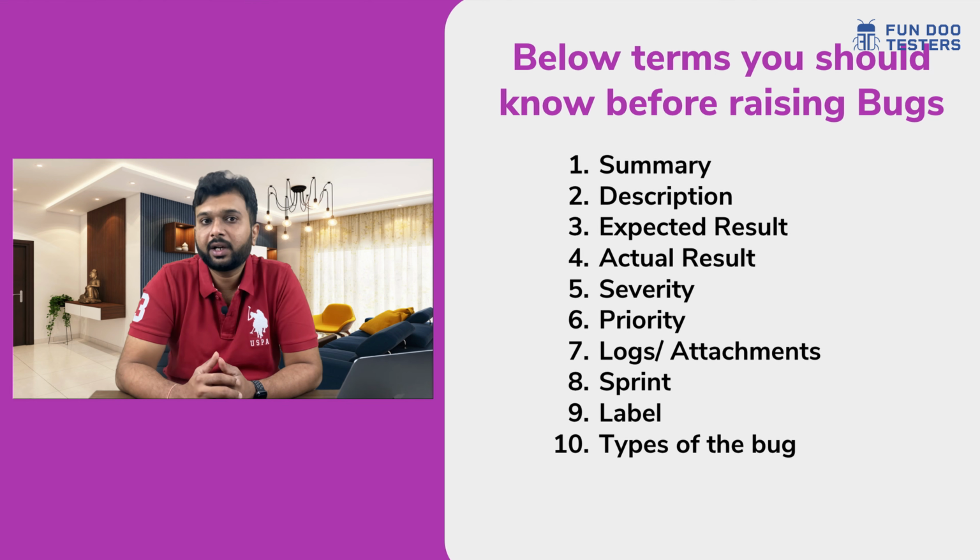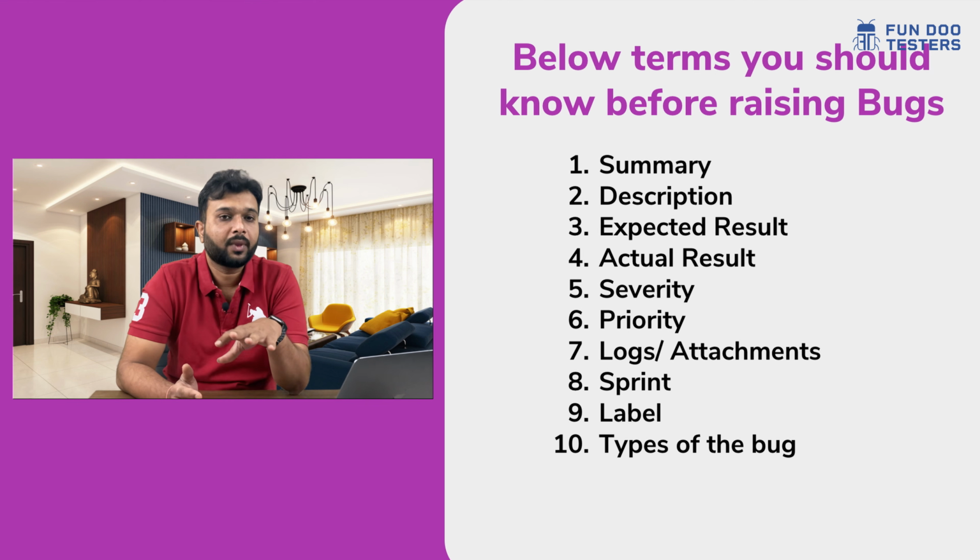We are not going to add attachments or logs with all the bugs. But if the bug is critical or will be difficult for the development team to understand, then for better clarity we make sure to add a video, screenshot or logs.